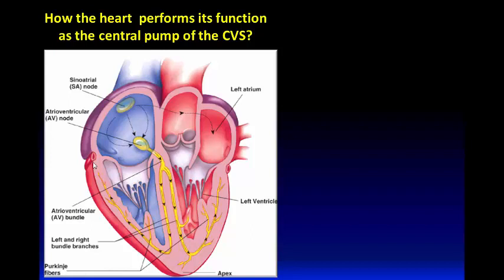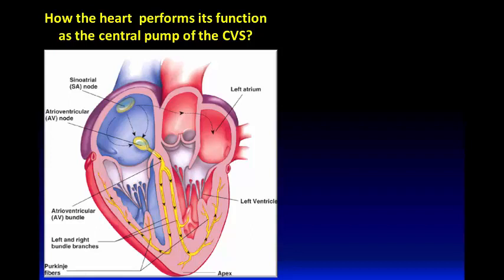This specialized conduction system of the heart is composed of the impulse generator, the sinoatrial node, where the impulses are generated, a delaying device, the atrioventricular node, where we have delay in the conduction of the impulse, and this delay is known as AV nodal delay, and we'll describe the physiological significance of this AV nodal delay in the subsequent lectures.